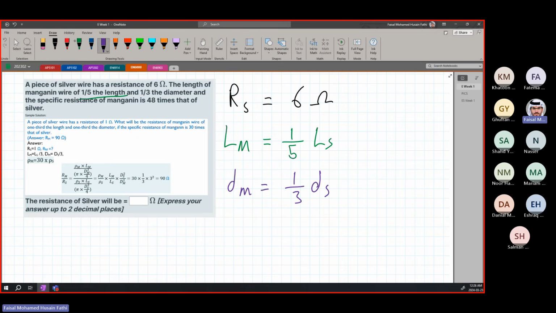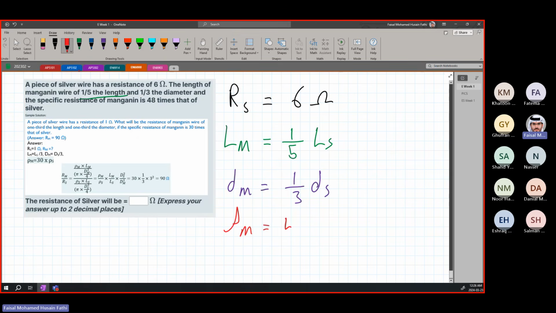Okay? And the specific resistance of the manganese is 48 times the resistance of the silver one. All right? So they are giving us already full relations between both the silver and the manganese, and they already gave us the resistance of silver.